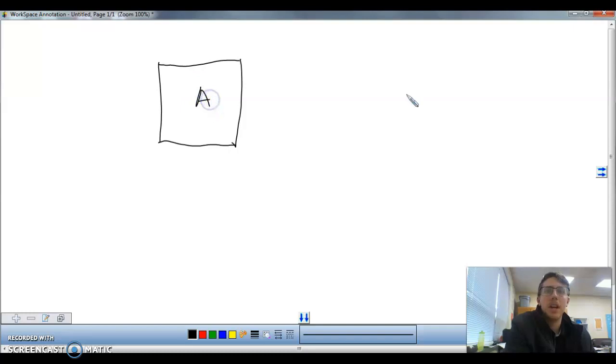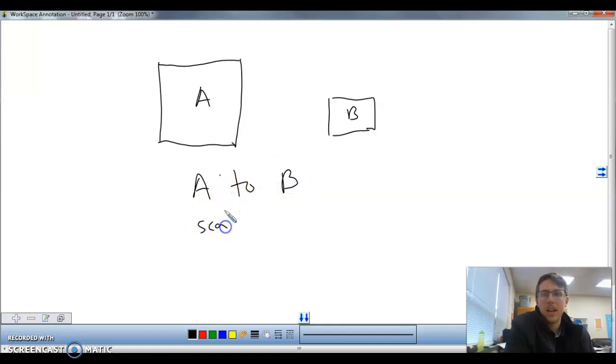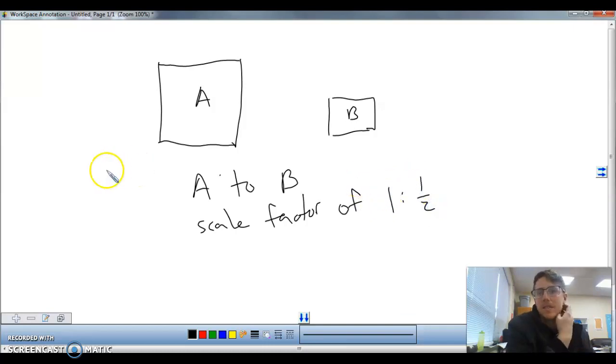Alright, we'll say this is shape A. We'll say this is shape B. Now what if they say A to B is a scale factor of 1 to 1/2, for example, and they give you 10, 15, and then they give you a missing number and a missing number.